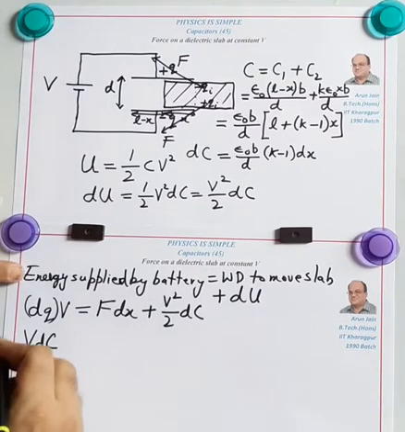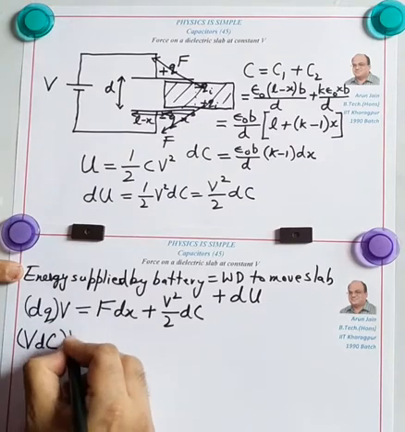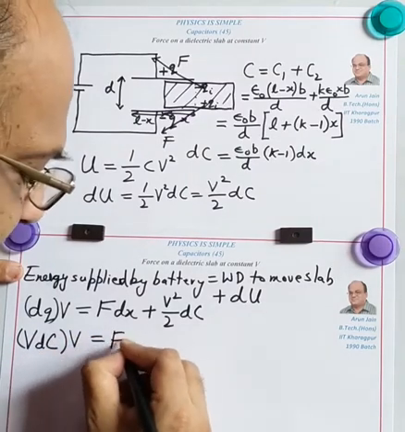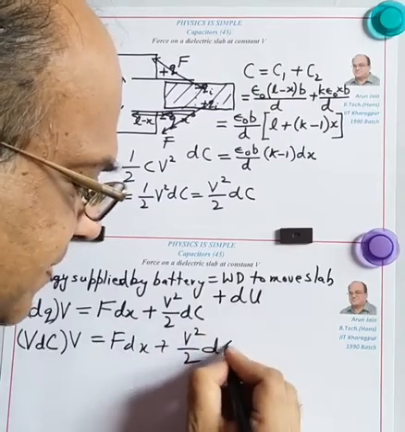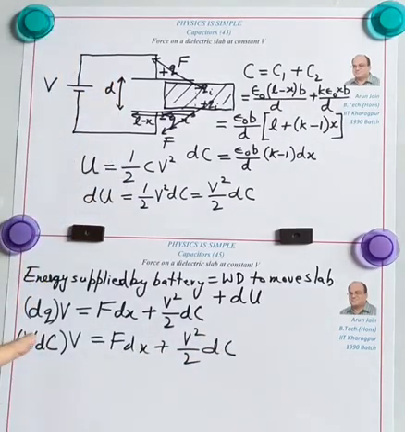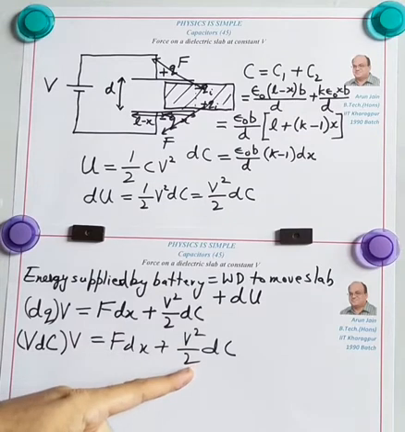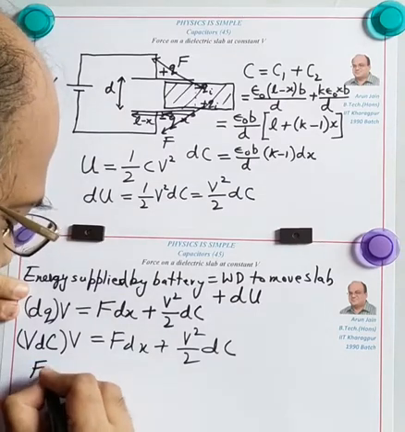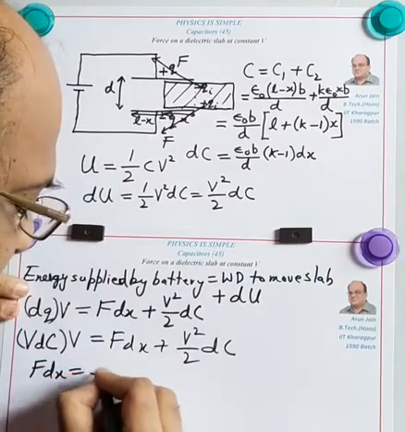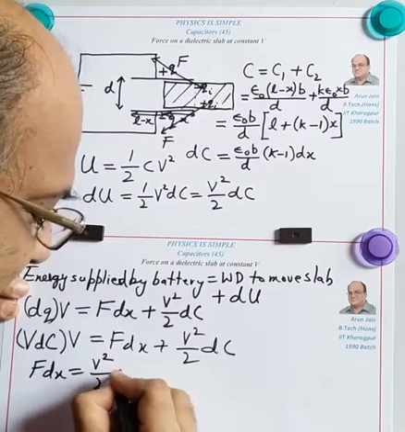So dQ is V dC. And you multiply this by V, equal to F dx plus V square by 2 dC. Now this is V square dC, this is V square by 2 dC. If you take it this side, we'll get V square by 2 dC. So basically F dx is equal to V square by 2 dC.